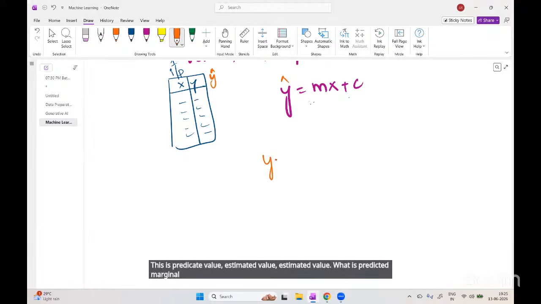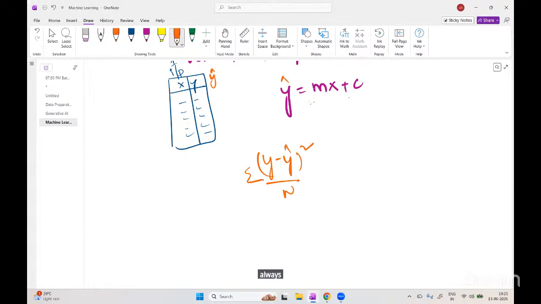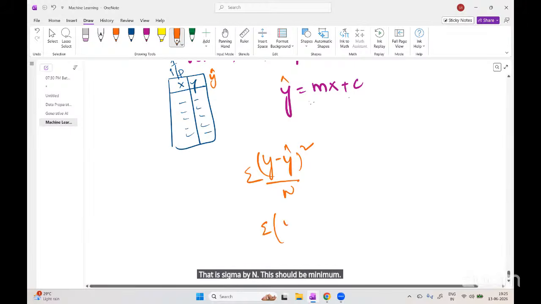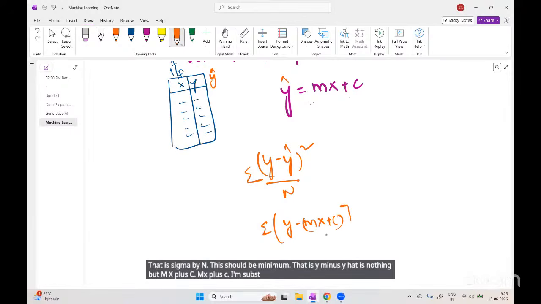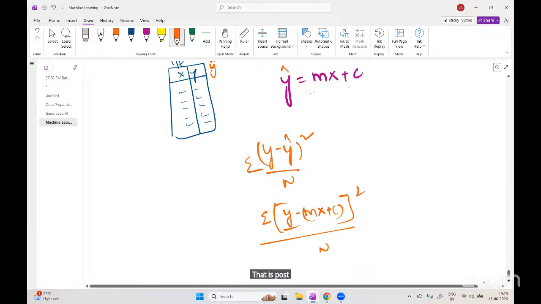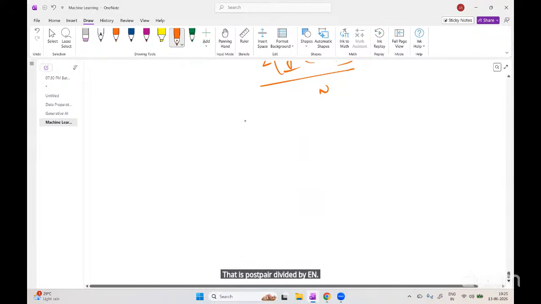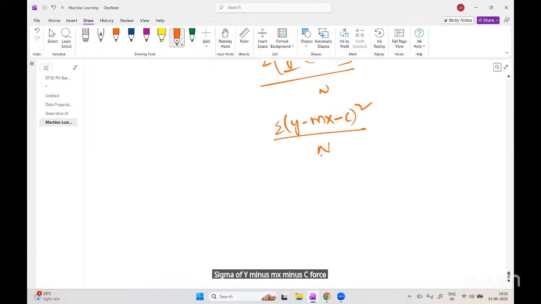Y. So sigma of (y - y hat)² divided by n should be minimum. Y hat is nothing but mx + c, which I am substituting here. So sigma of (y - mx - c)² divided by n should be minimum.